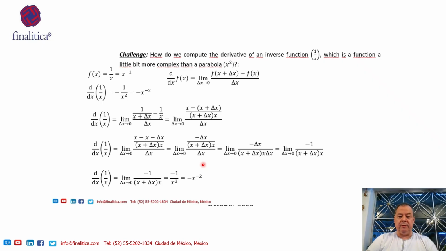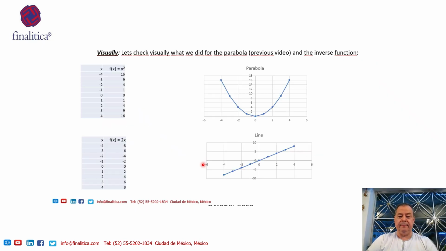Now let's move on to the graphical side. If you review our previous parabola example, you will remember that the function that we tried to compute its derivative was a parabola.